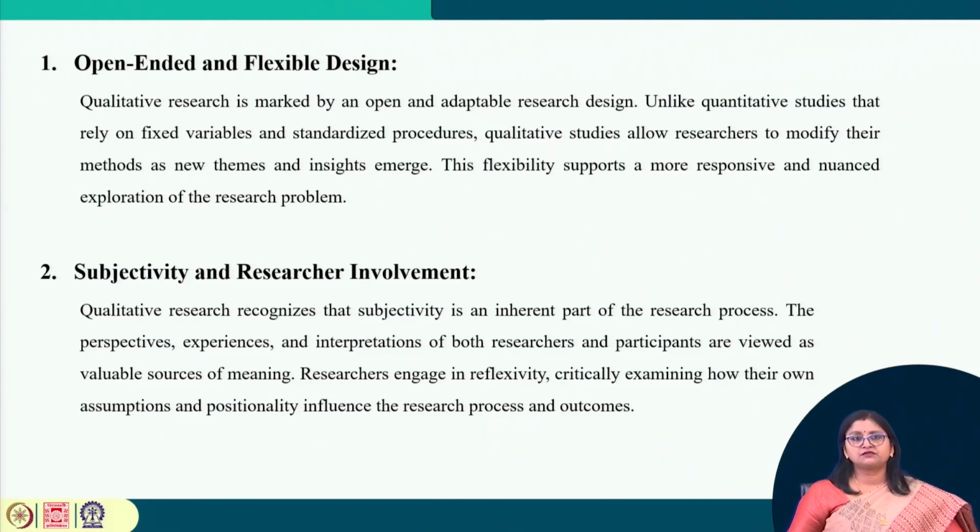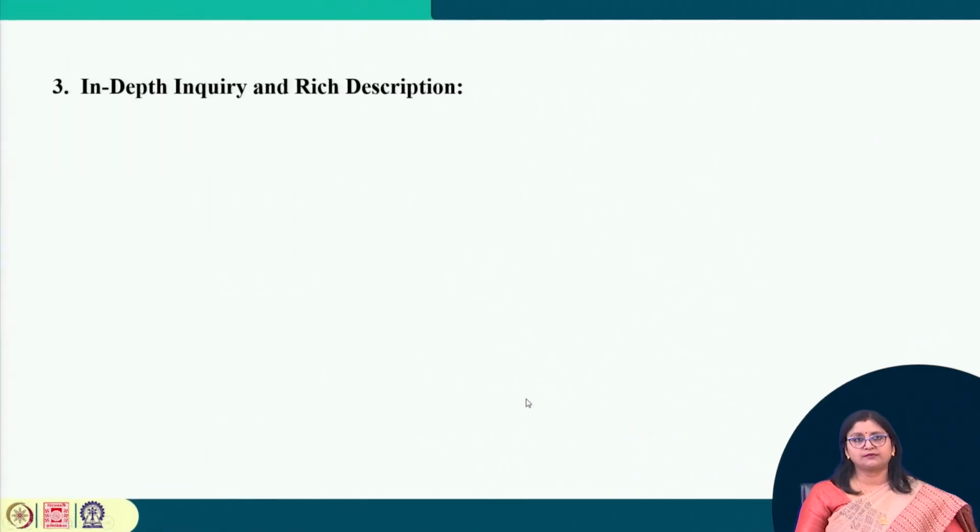The perspectives, experiences and interpretations, or both, from the researchers and participants are viewed as a valuable resource for the meaning of the collected data. So, researchers engage in reflexivity, critically examining how their own assumptions and positionality, or personality, influence the research process and its outcome.